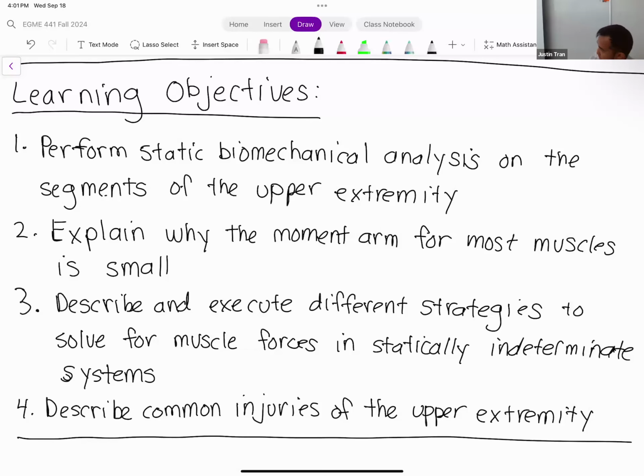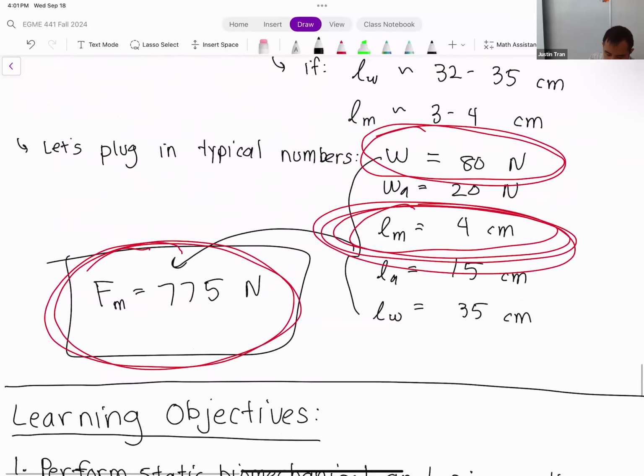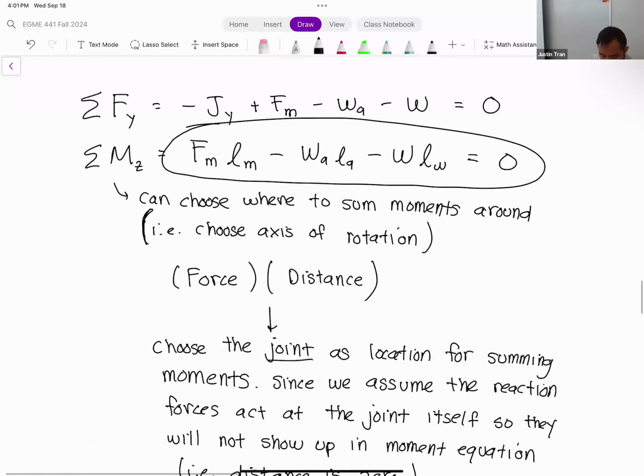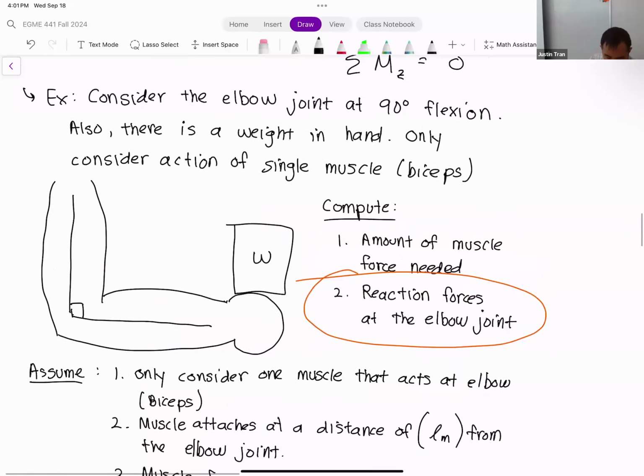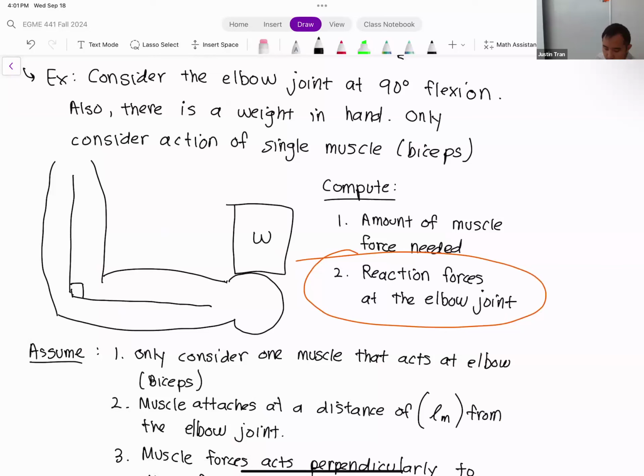First thing I'm going to do is scroll back up. We finished an example last time we were here, but I did want to talk about it a bit more. Last time, we looked at the first example of a static biomechanical analysis, and we introduced what this was, what we're typically looking for, and how to go about the calculations.